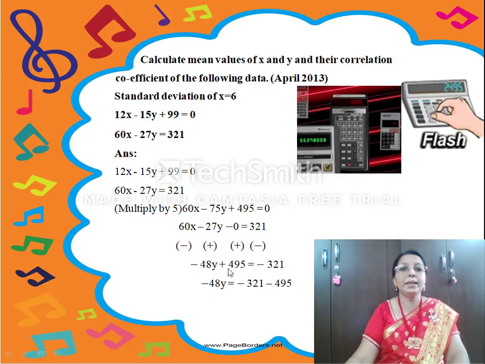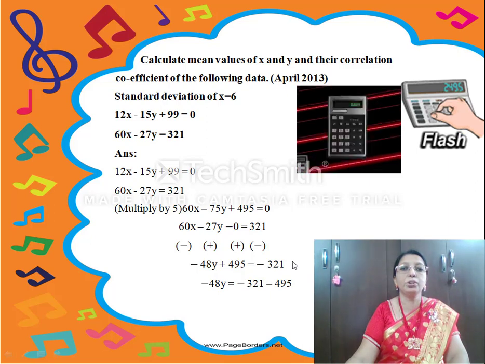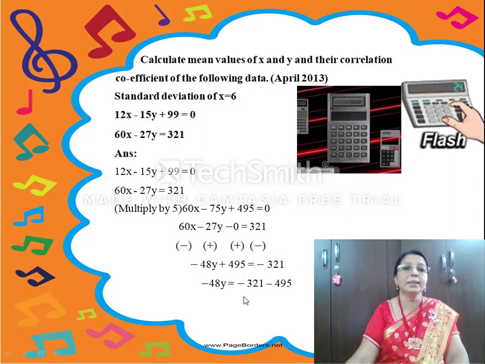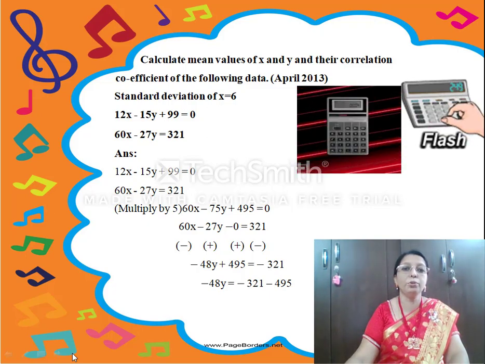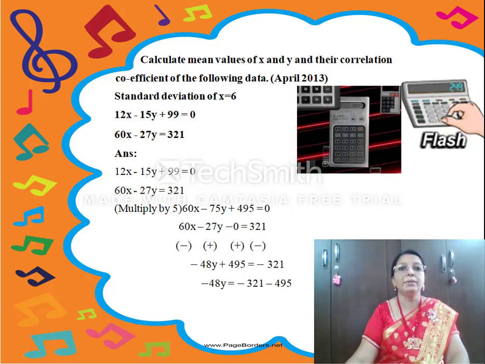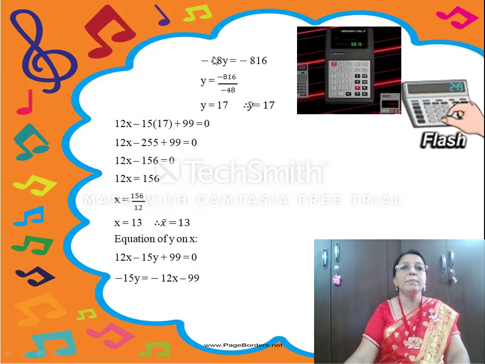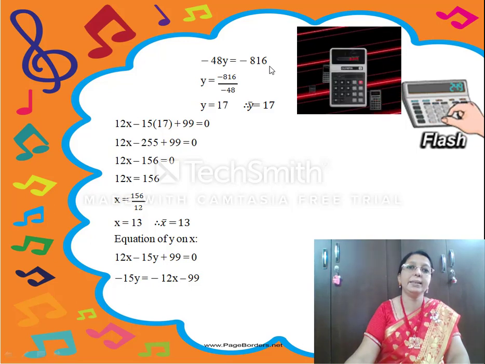When I take 495 to the other side, it is plus over here, so it becomes minus. So it is minus 48y is equal to minus 321 minus 495. Now further solving, minus 48y is equal to minus 816.